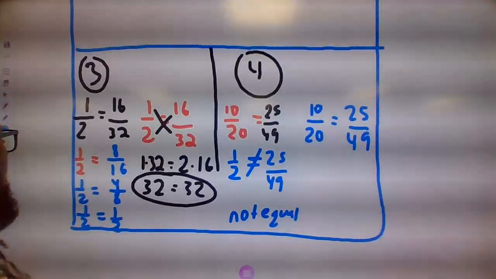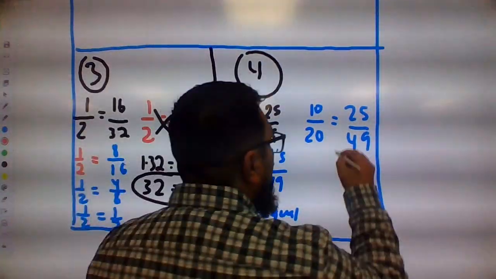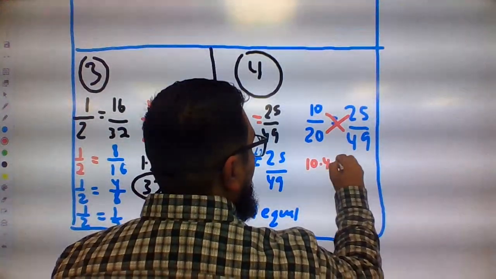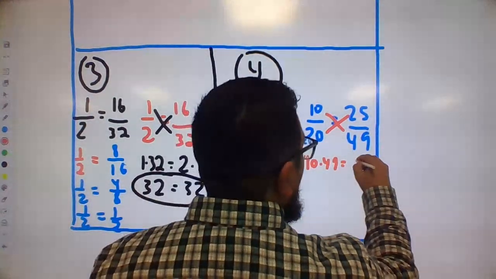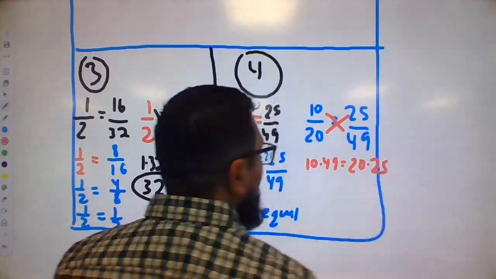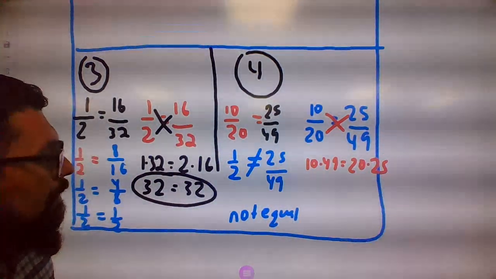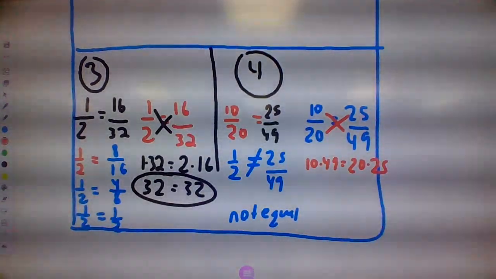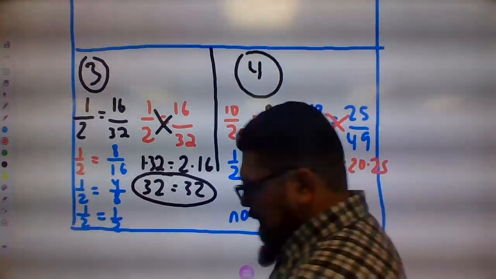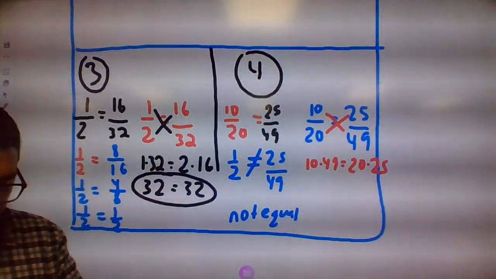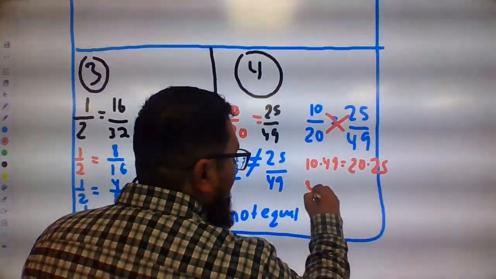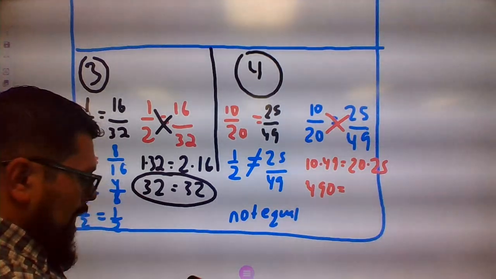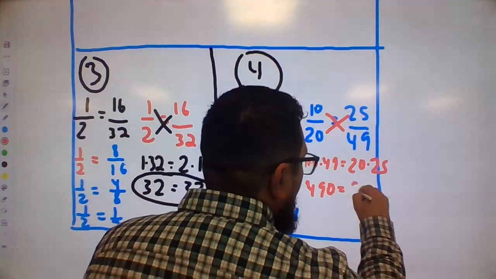So let's try with the cross product again. 10 times 49, and then 20 times 25. Let me get the calculator. 10 times 49 equals 490. 20 times 25 is 500.